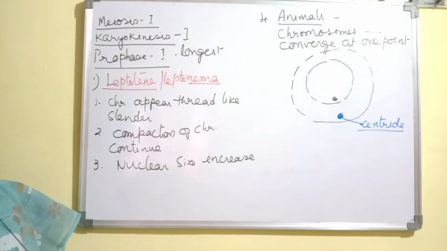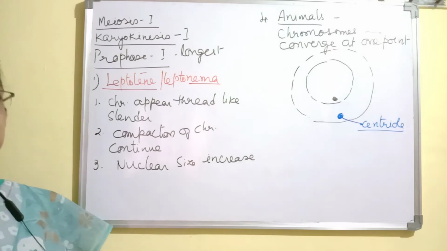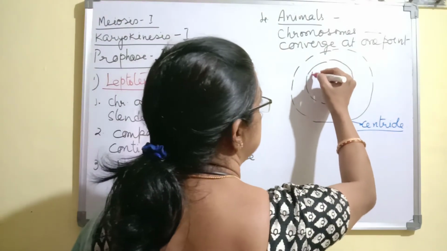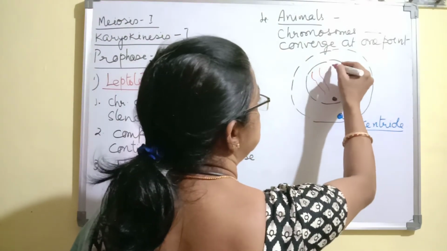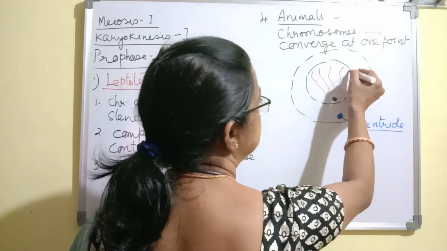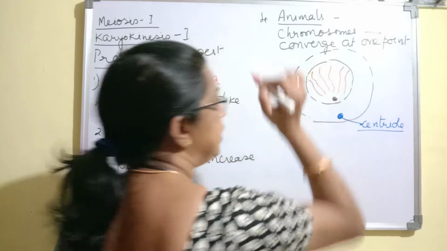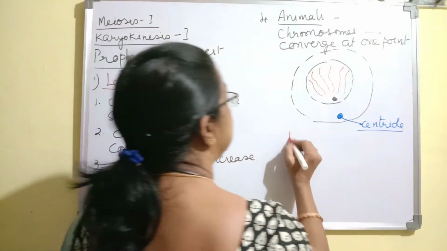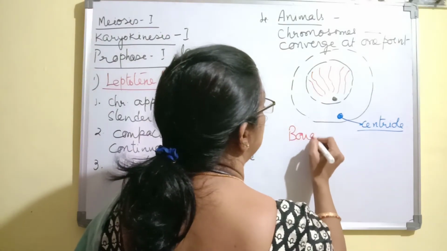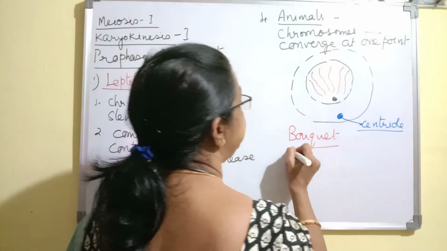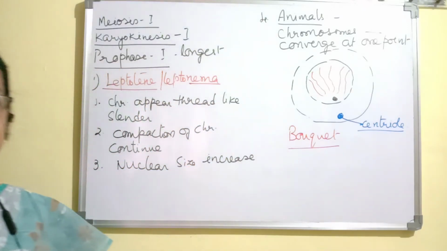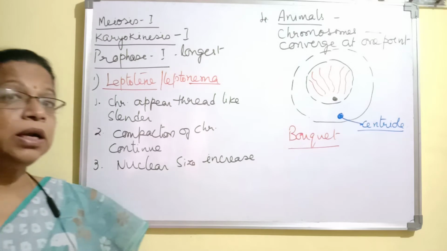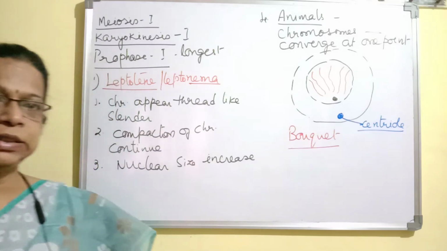So here we find all the chromosomes converge at one point, that is towards the centriole. So this is how all the chromosomes will appear, converging towards the centriole. This stage in animal cells is called the bouquet stage. This is a very important feature in case of animal cells. We don't find this in plant cells because there are no centrioles in plant cells.